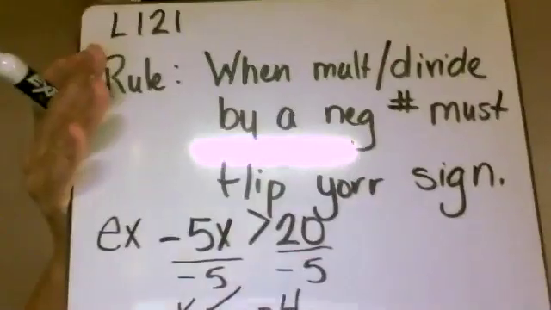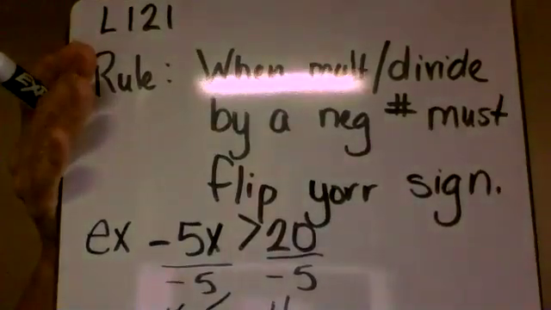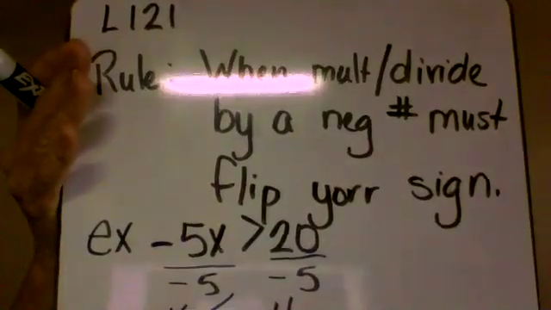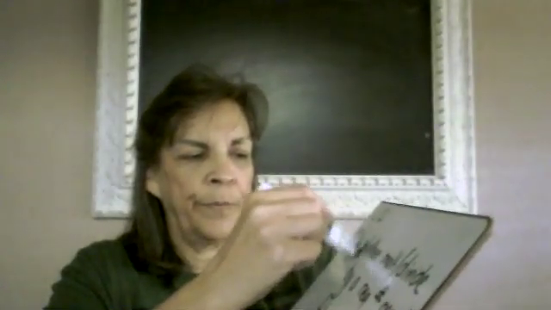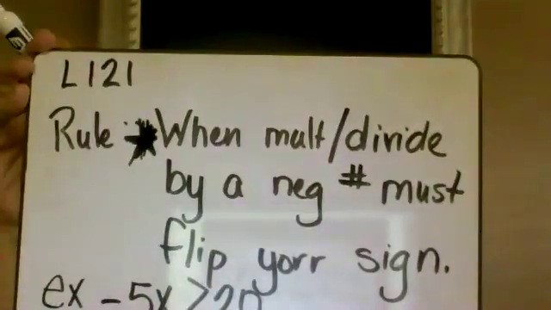My answer would be x is less than negative 4. Don't forget this rule. Very important. When you multiply or divide.